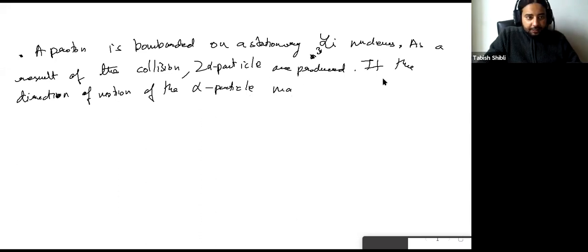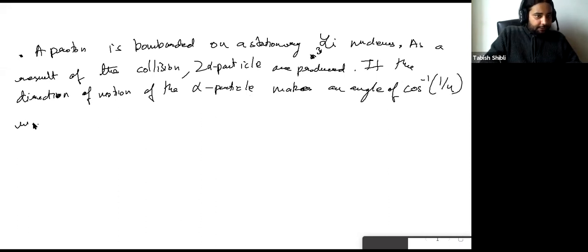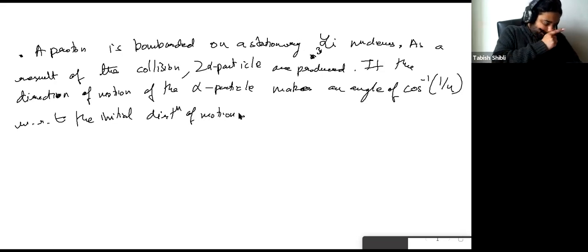If the direction of motion of the alpha particle makes an angle of cos inverse 1 by 4 with respect to the initial direction of motion, find the kinetic energy of the striking proton.